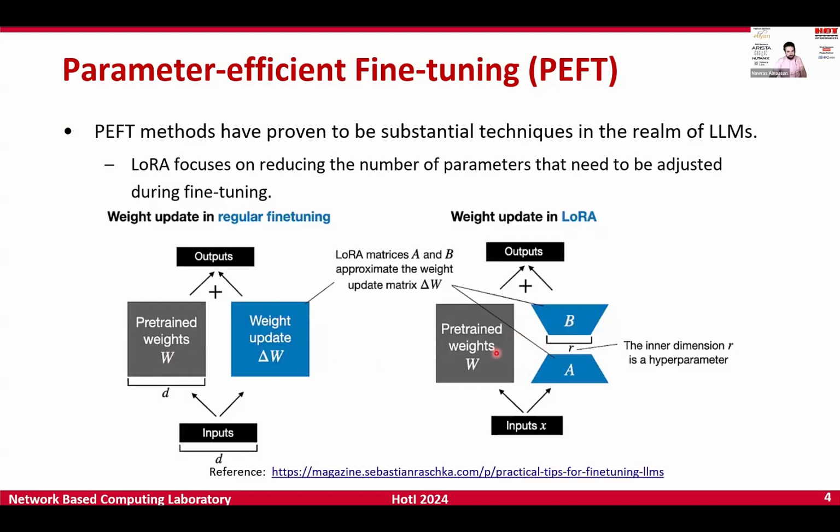Now, what LoRA does is that it takes this weight update matrix, delta W, and decomposes it into two much smaller matrices, A and B. Just to put this into perspective, the size of A and B combined can be as small as 1% or less of the actual size of W. But when we multiply A and B, we get a matrix that has the dimensions of W. So this is simple matrix decomposition.